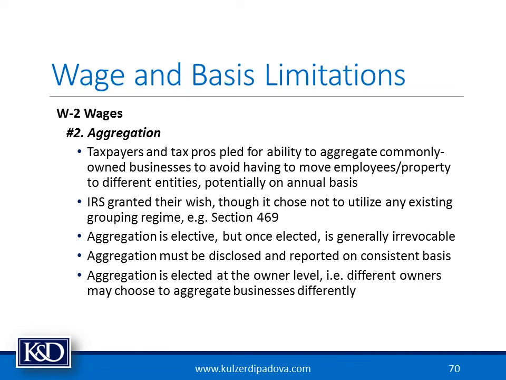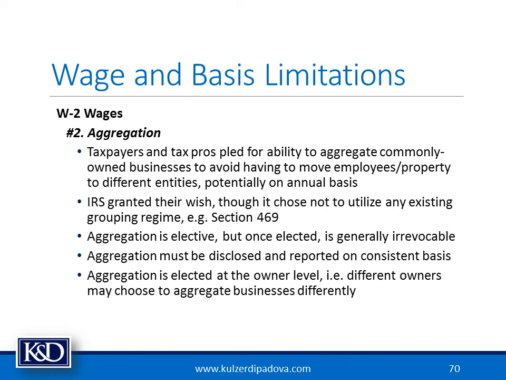So we got our wish, but unfortunately the IRS didn't use any existing grouping regime. In particular, Section 469 already had grouping for passive activities. But the IRS did justify it, saying that 199A served a very different purpose than 469, so they're not going to use 469.